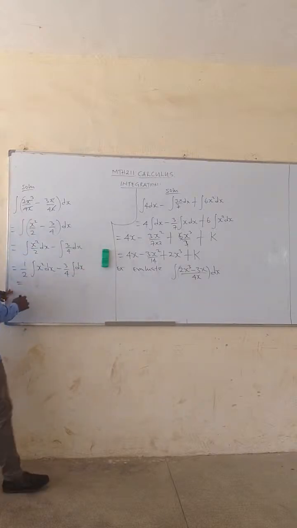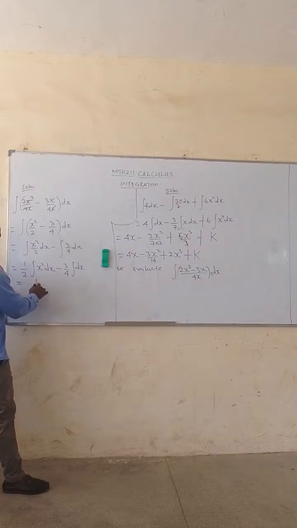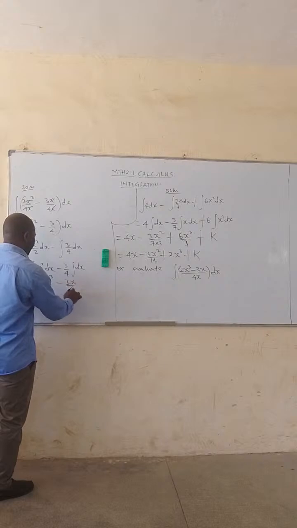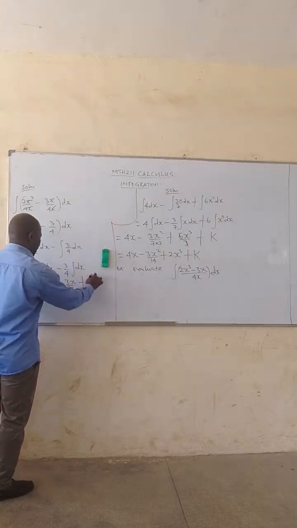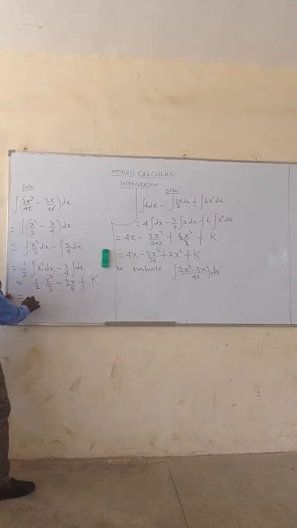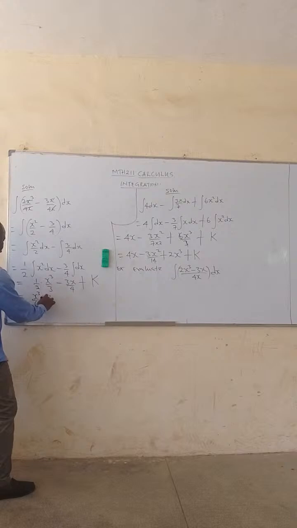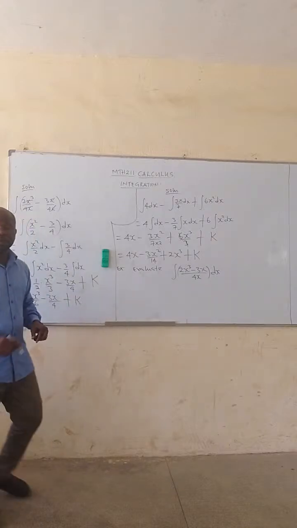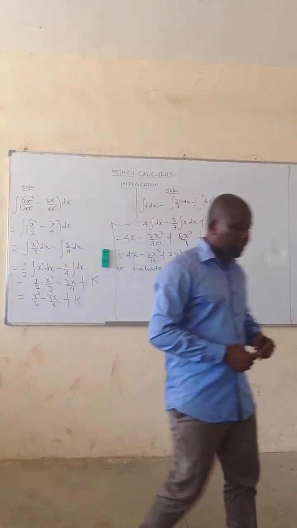So if you integrate this, you are supposed to have 1 over 2 times x raised to the power 3 all over 3, minus 3x all over 4 plus k. So this is equal to x cubed all over 6 minus 3x all over 4 plus k. Any question? You got it?